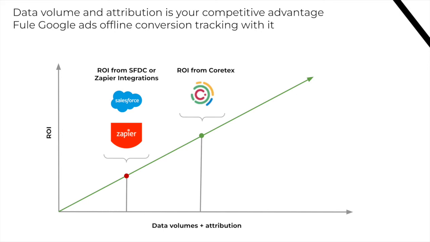Lead to account to opportunity matching can increase the data volumes by 2 to 4x, and attribution gives the proper values, predicted values, and real values once the deals progress to where we know those numbers, back into the math. And so this is how you compete and win and stay ahead of your competition.